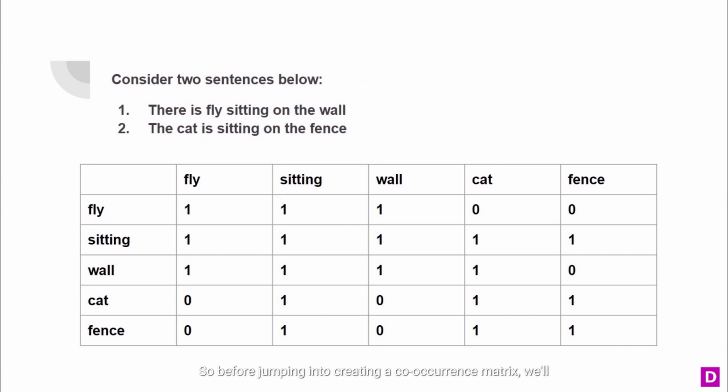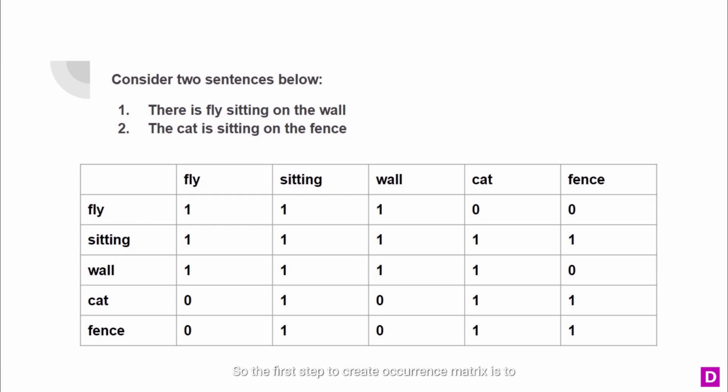Before jumping into creating a co-occurrence matrix, we will define a thumb rule. What is the thumb rule? A term is said to co-occur only if it occurs in the same context. In other words, a term is said to co-occur if it is occurring in a similar occurrence context.